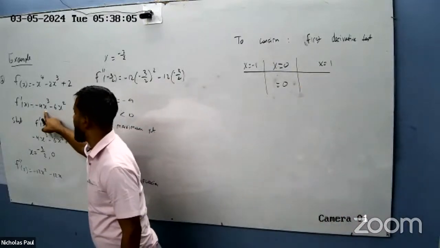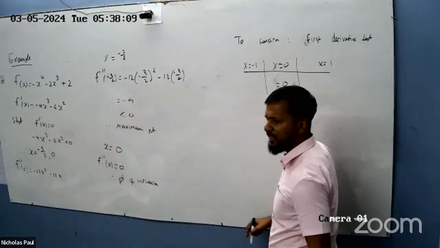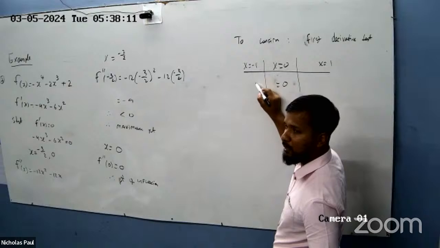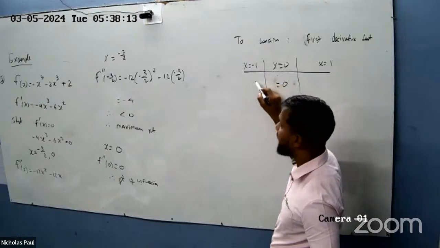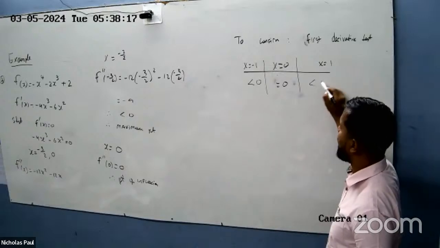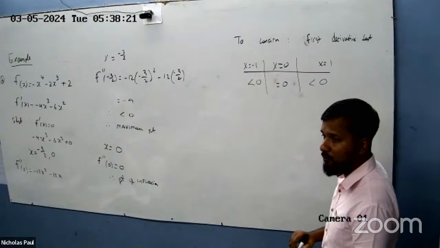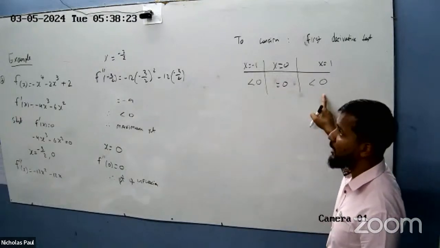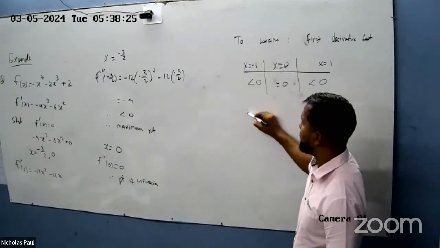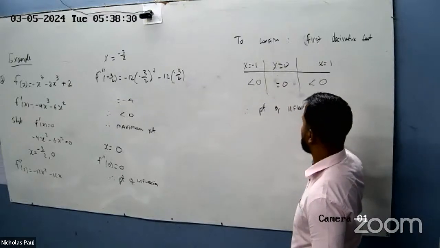When you plug in -1, I get a minus, less than 0. Plug in 1 now, again, less than 0. That's okay? Less than 0, no sign change, therefore point of inflection.